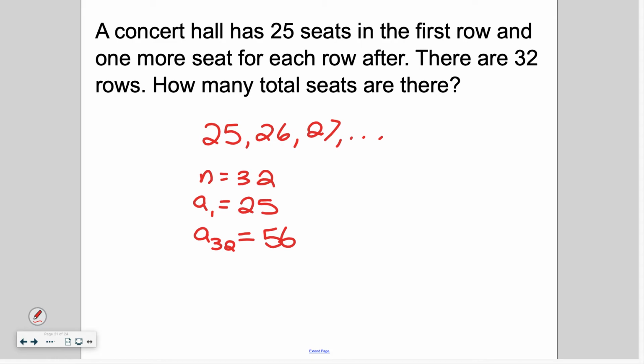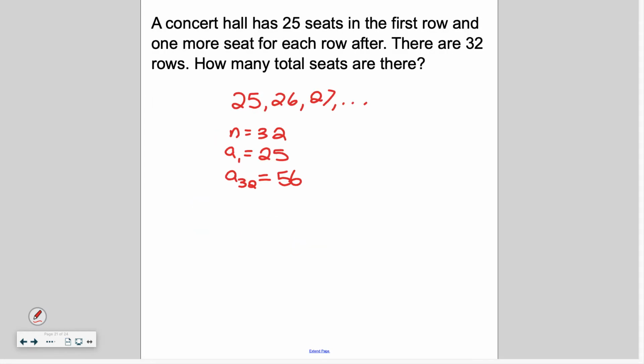Now you can still do the formula if you want to, but if they're just going up by 1, it makes it pretty straightforward. So to find the sum, again, we have 32 rows, so we're going to take 25 plus 56, divide that by 2, then multiply that by 32 to figure out how many seats there are total.